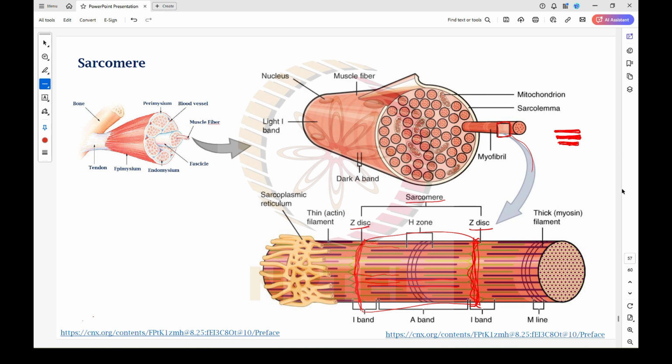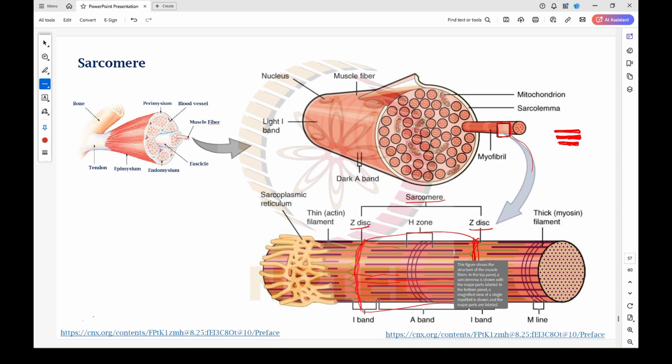Now, if there was an electron microscope image of a muscle fiber, the sarcomere is considered to be from the first Z disc to the second Z disc. The Z to Z length is considered to be a sarcomere.